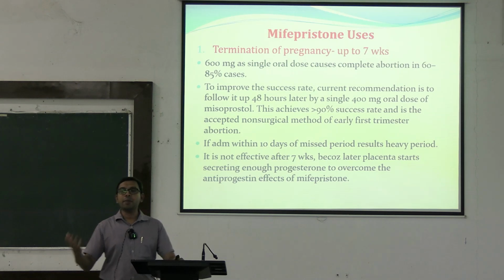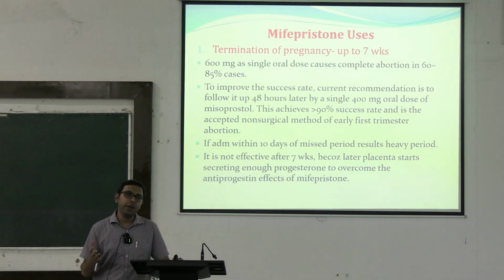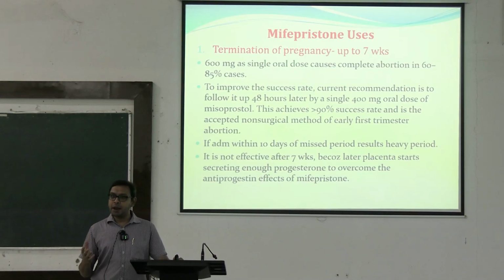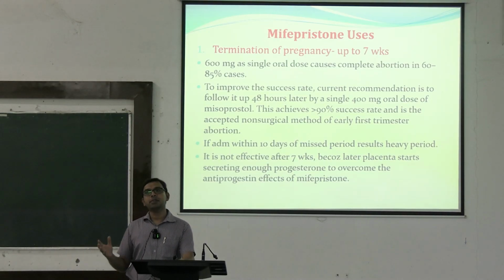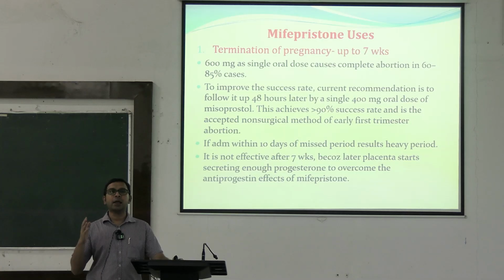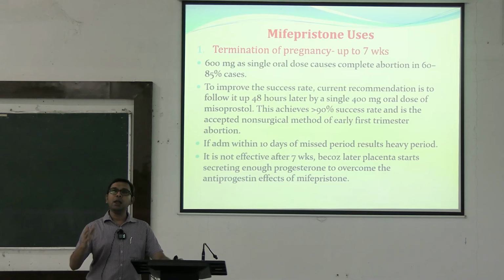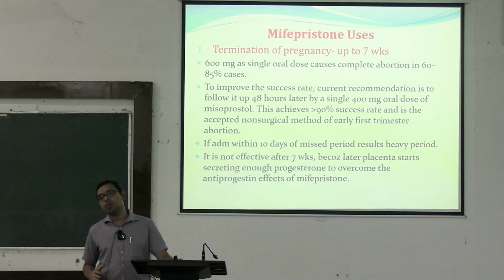Early first trimester, usually up to 7 weeks, now the guideline says it can be done up to 10 weeks. For early first trimester abortion, we can use mifepristone, which is an anti-progestational agent, and further it has some anti-glucocorticoid actions also. Usually it should be followed 48 hours later with misoprostol.